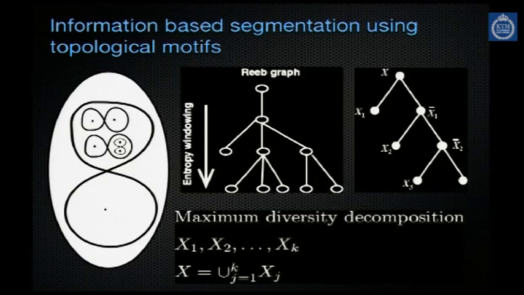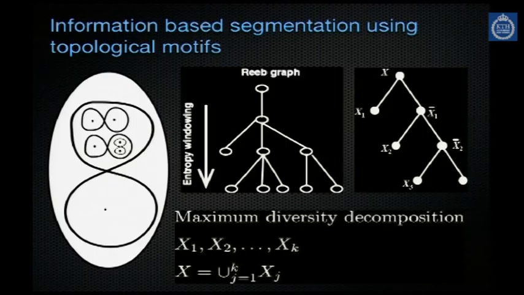And then what I'm going to do with my domain is create a decomposition into disjoint subsets such that the first subset, x sub 1, maximizes this information utility with respect to that metric that I just had on the previous slide. I take that out of the domain, and then I look at what's left, and I pick the subdomain of that domain that's left that maximizes the information utility on that subdomain.